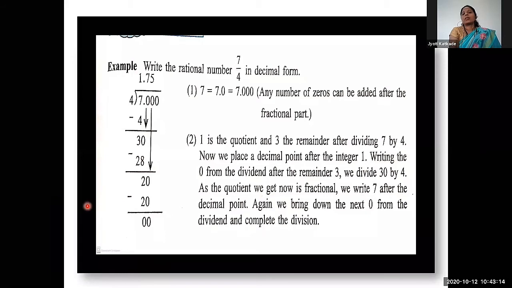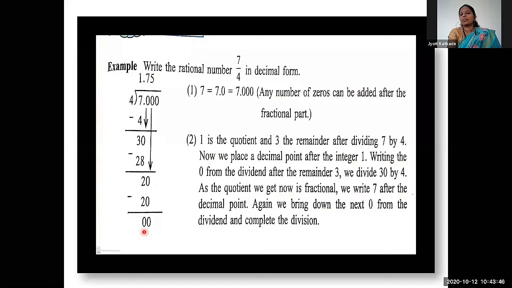Now 4 7s are 28. When we subtract 28 from 30, we get 2. Why do we take 0 there? Because we took the decimal point after the 1. So we get 20 there. Now 4 5s are 20, and 20 minus 20, we get remainder 0.